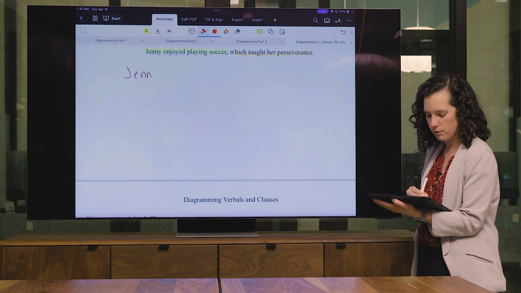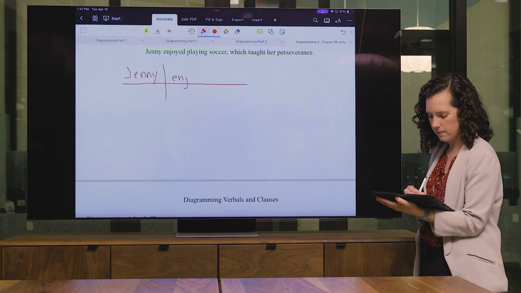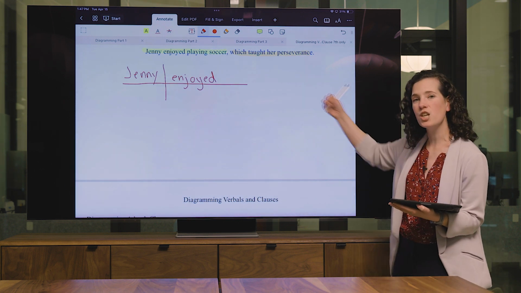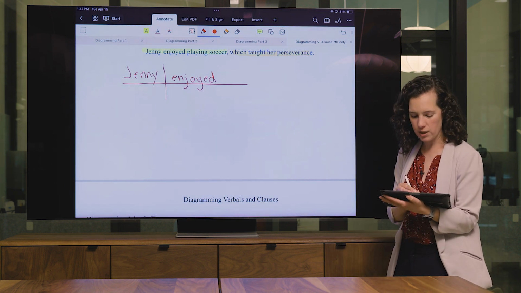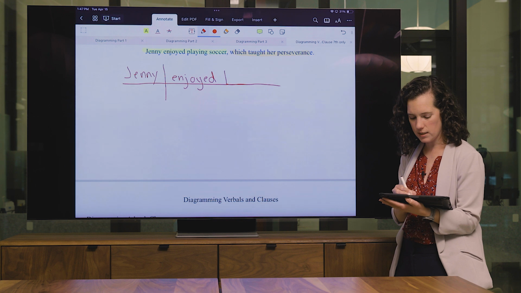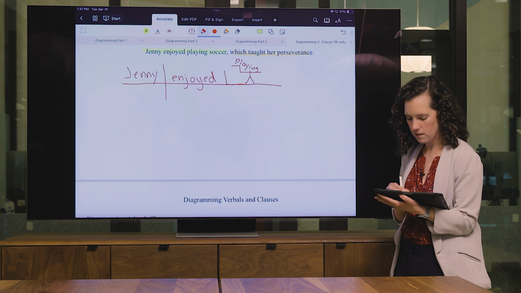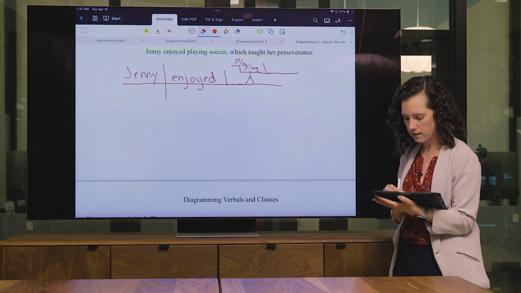Jenny is our subject. Enjoyed is our verb. And she is enjoying the action of playing soccer. So we actually have a gerund direct object here. Playing soccer.